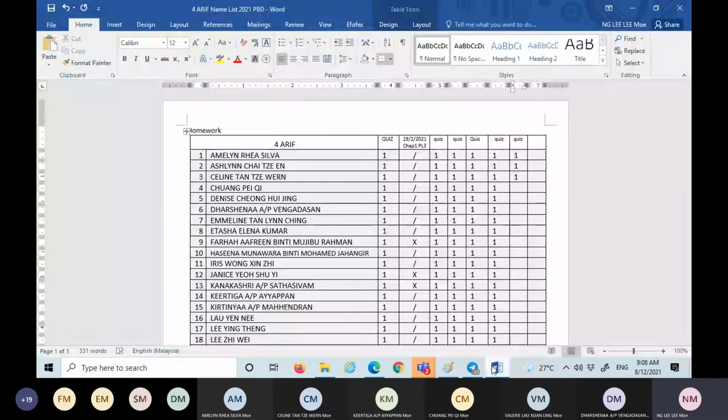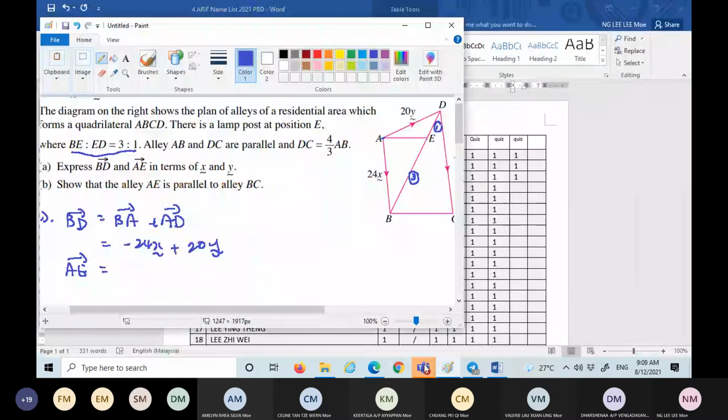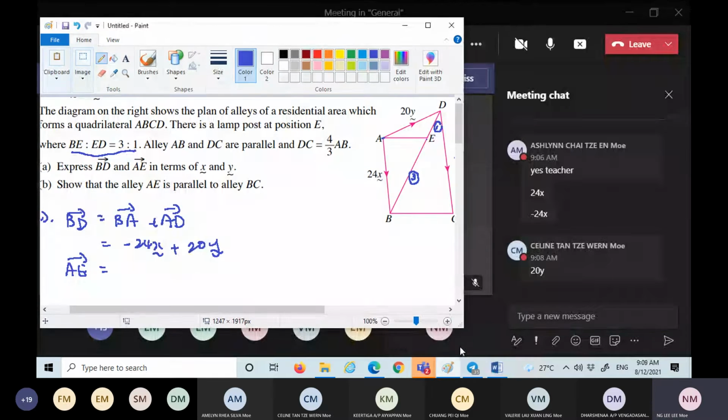Pei Qi, to go from A to E. I think AB and BE. You choose AB and then BE. Actually, you also can choose AD and then DE. So you see, there are two ways of doing this, but you will end up with the same answer. So we follow Pei Qi. She chooses AB and then BE.